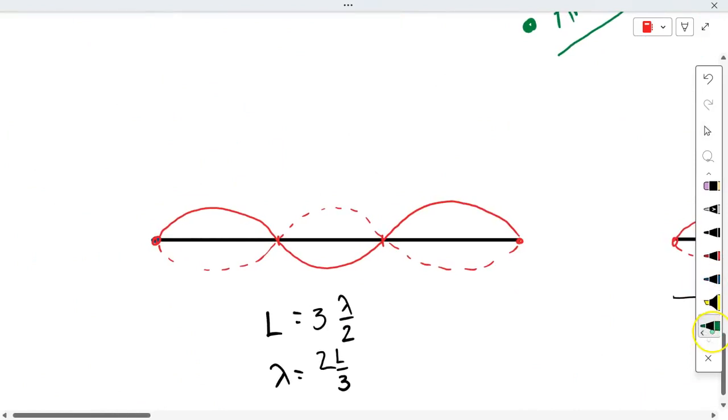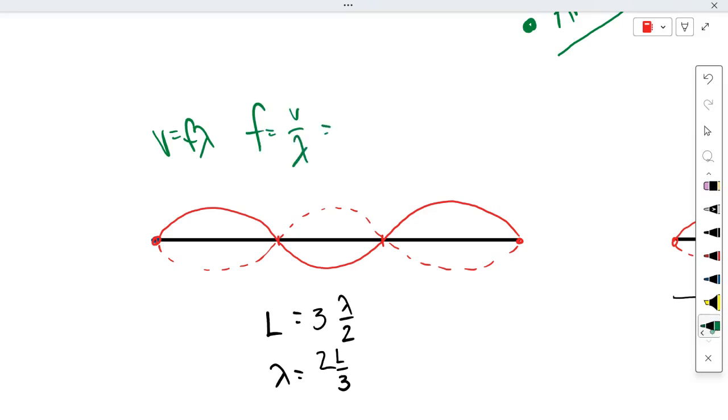Let's start again with our basic wave equation. V is F lambda. So the frequency is V over lambda. All right, so the frequency is V over 2L divided by 3. So this frequency, I'll call it F3, is 3 F0.